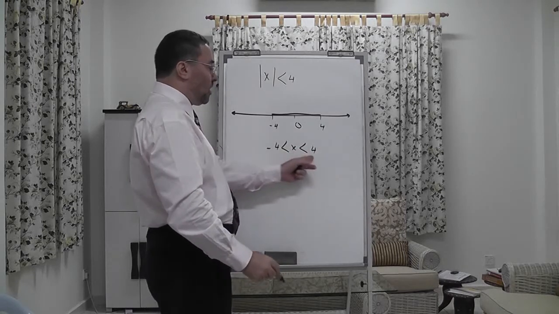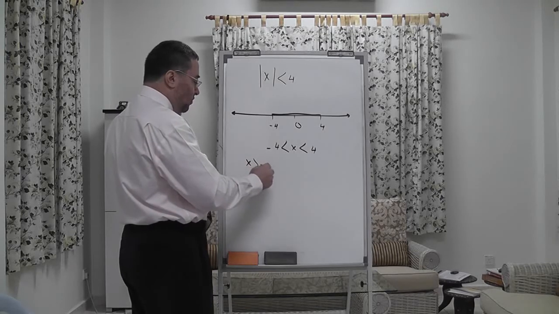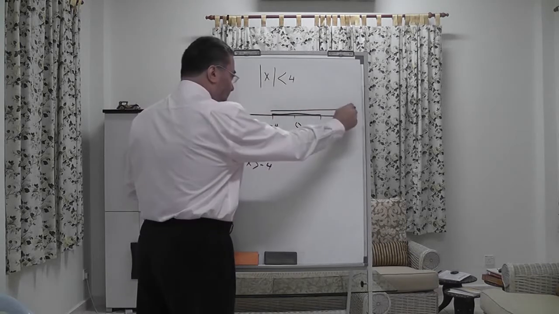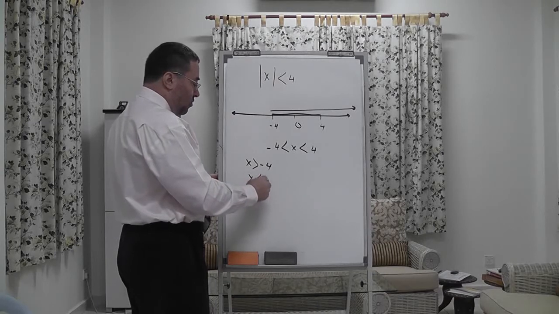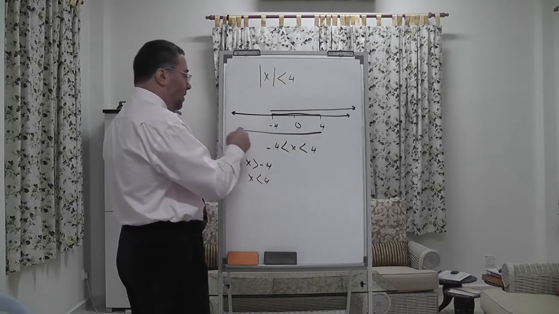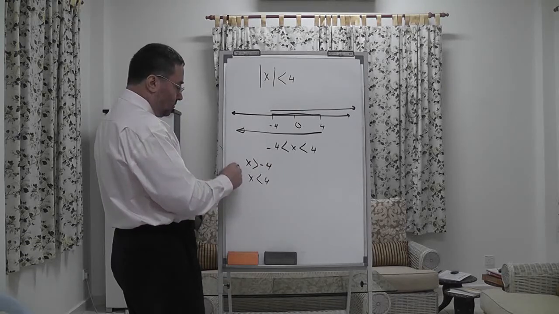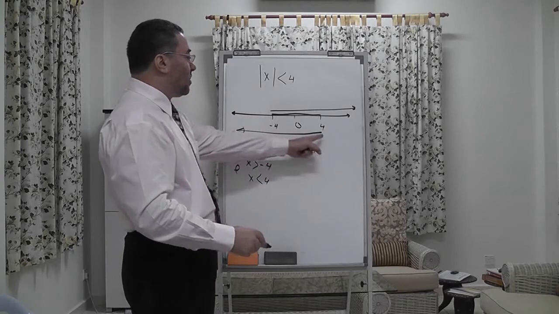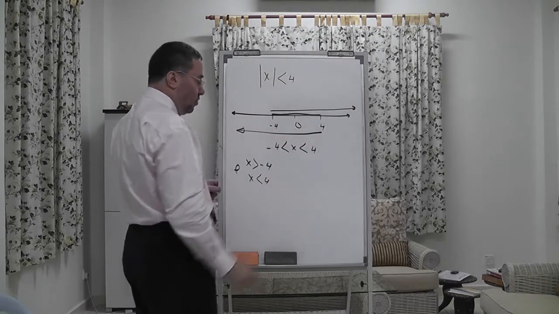And here, in fact, we have two inequalities. We have one which is x more than minus 4, and this we graph it this way. And we have one where x is less than 4, and we graph this way. And since this is a conjunction and, then we are looking for the common region, and that will be between minus 4 and 4.